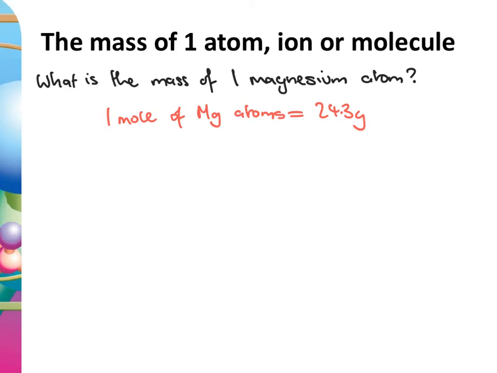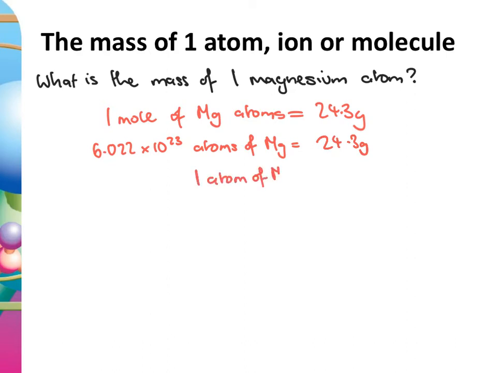And we now know what we mean when we say 1 mole of magnesium atoms. If we have 1 mole of magnesium atoms, we have 6.022 times 10 to the 23, so that's Avogadro's number, atoms of magnesium, and they equal 24.3 grams. So if we want to know what the mass of 1 atom of magnesium is, we have to divide both sides by Avogadro's number.